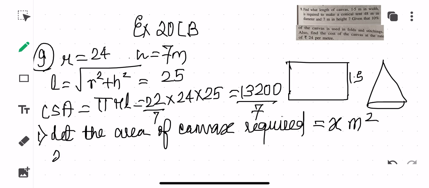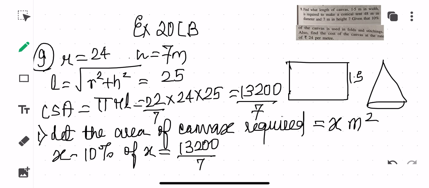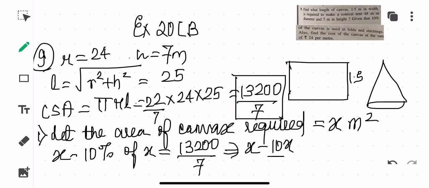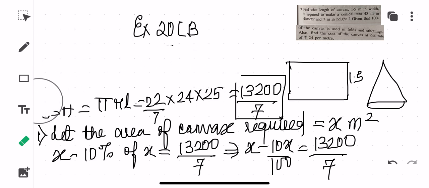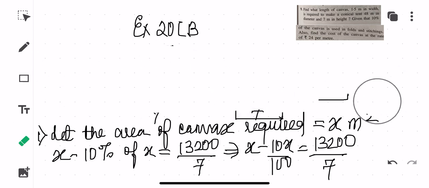So what you will be writing, x minus 10% of x is equal to 13200 upon 7, because that is how much you required and 10% is already wasted. So you need to subtract that. So you will be writing x minus 10x upon 100 is equal to 13200 upon 7.